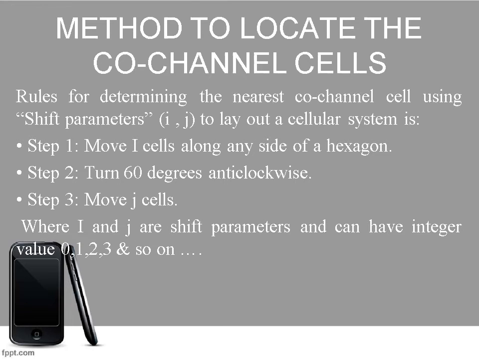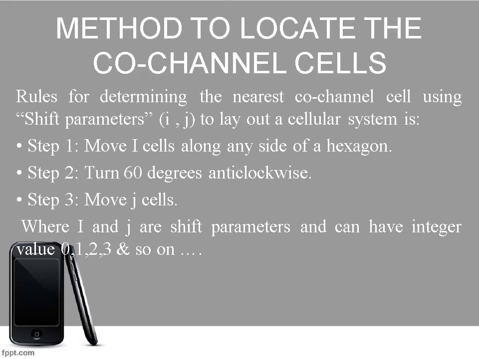So next, method to locate the co-channel cell. Rules for determining the nearest co-channel cell using shift parameters i, j to lay out a cellular system are given here stepwise. So first step for determining the nearest co-channel cell is first move i number of cells along any side of a hexagon.